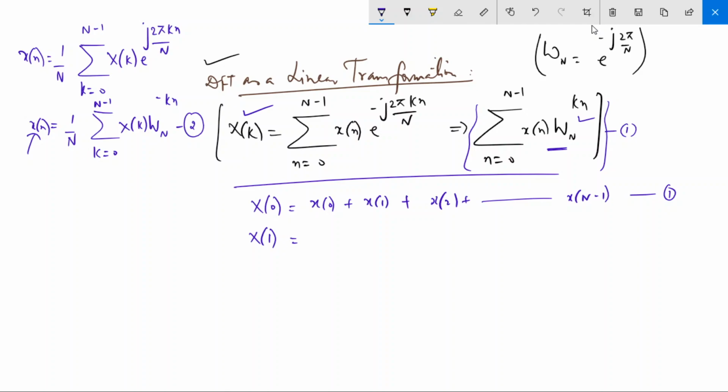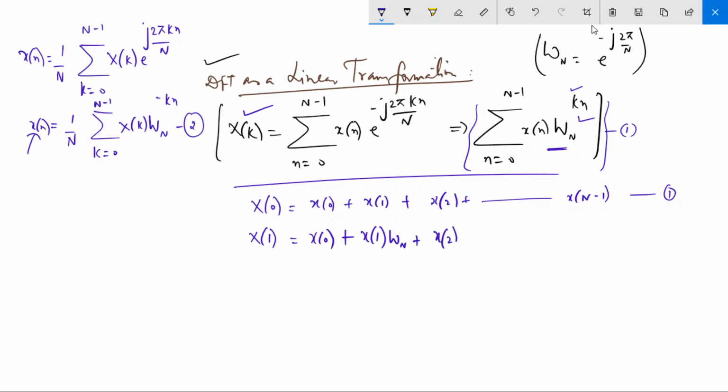Now in this equation, k is 1, and n will again run from 0 to N minus 1. So when n is 0, for x[0] you will get W_N to the power kn, where k is 1 and n is 0, so it is 0. Then plus x[1] W_N to the power kn. Now k is fixed at 1 and n is changing from 0 to N minus 1. So n is 1, k is 1, you will get W_N.